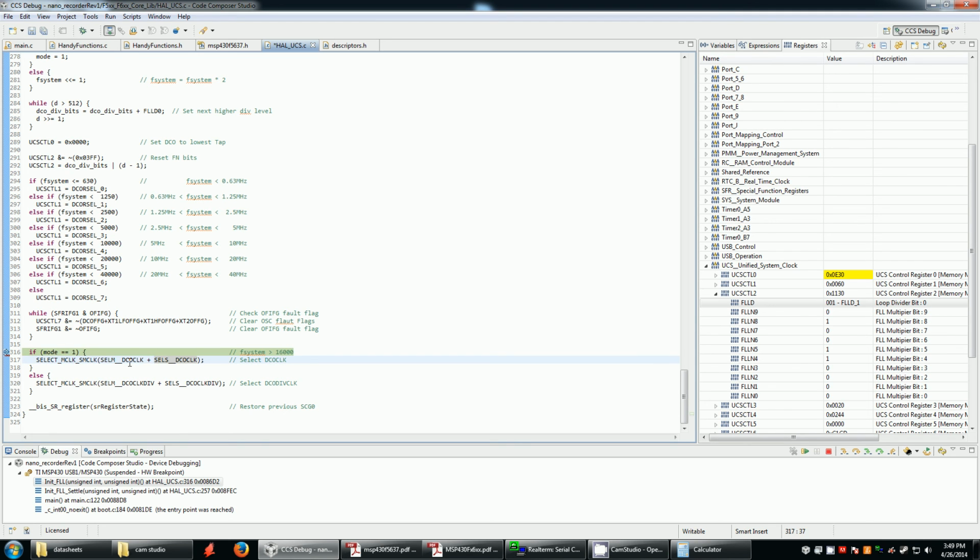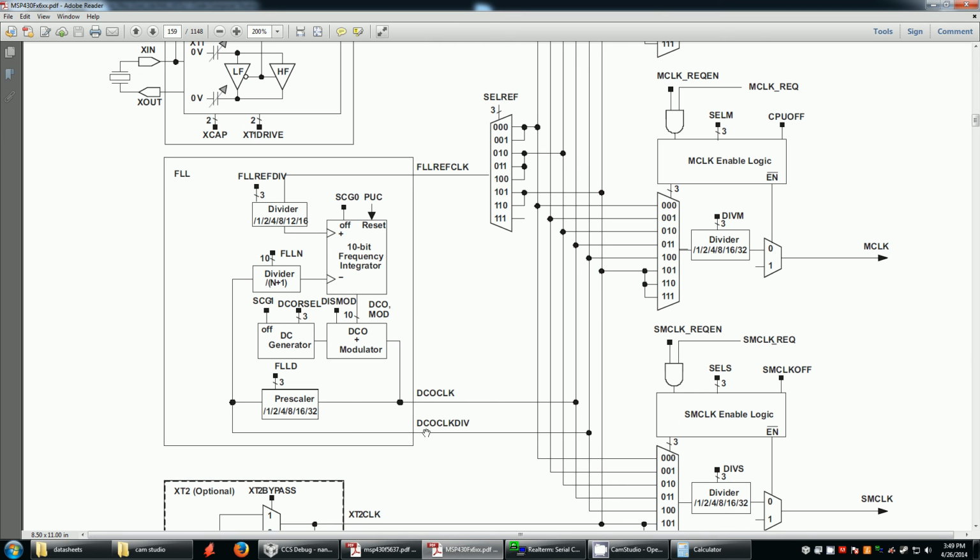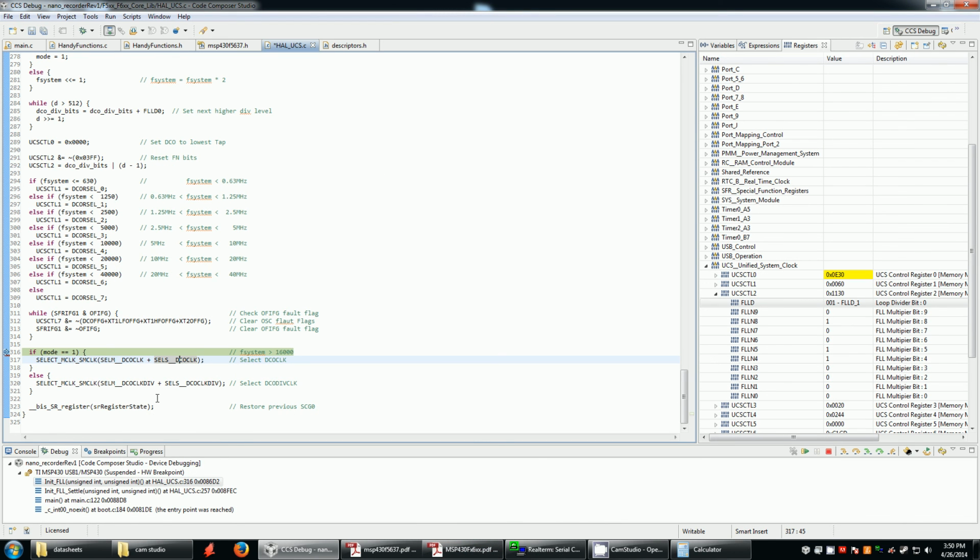So we're going to set these to the DCO clock, which means this configuration and this configuration is going to select this DCO clock, not this DCO division clock, which would be half, because our prescaler is 2, remember. So this DCO div is 10 megahertz. This DCO clock is 20 megahertz, and we're going to use the 20 megahertz.